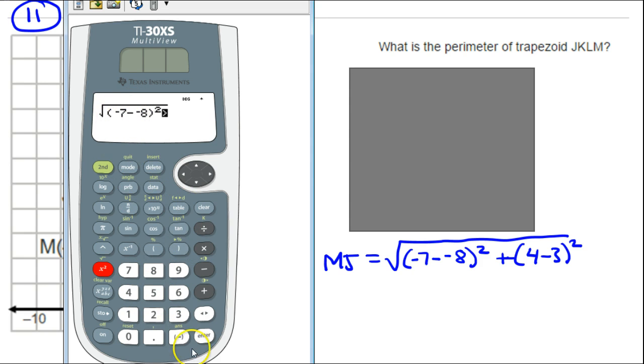When I'm doing a negative sign, I'm using the little white one. When I'm subtracting, I'm using this gray one. So be aware of that. Okay, these are 2 different buttons on the calculator. Anyway, plus, open parentheses, 4 minus 3. So again, you can do as much of this in your head as you feel comfortable with, and use your calculator where your comfort runs out. Anyway, boom, that's radical 2.